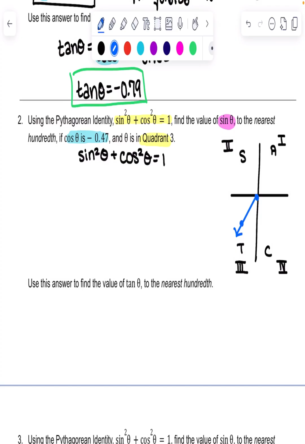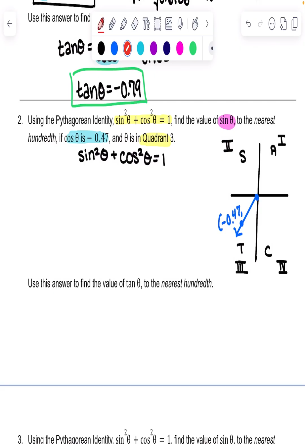So they tell us that cosine's negative here. So we have a negative x. Or as we could say, they give us the x value, negative 0.47. Right? What would the y value be if we look? Would it be positive or negative?